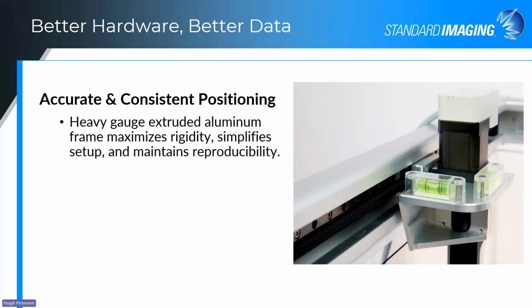Some of the points of use in there: we use a very heavy extruded aluminum frame. It maximizes rigidity, it simplifies the setup, and it definitely retains that reproducibility. We use redundant motors.